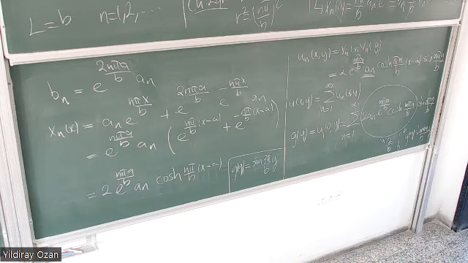Ve ben ne biliyorum? Ne biliyoruz? 2 A3 e üzeri 3 pi A bölü B kosinüs hiperbolik 3 pi A bölü B eşittir 1.